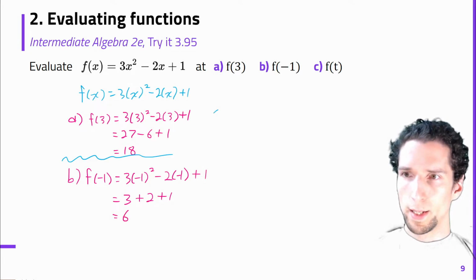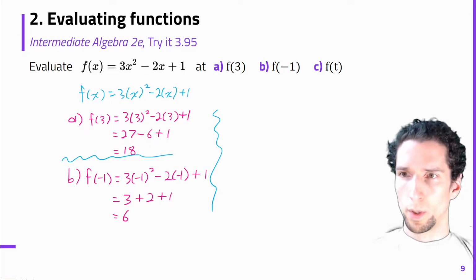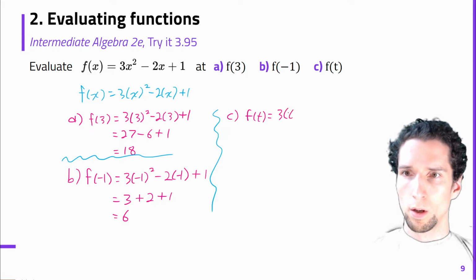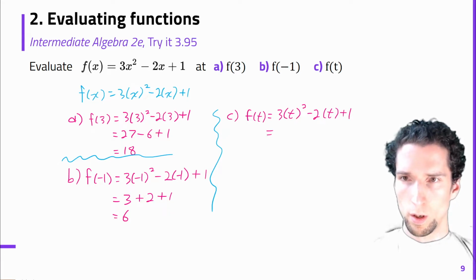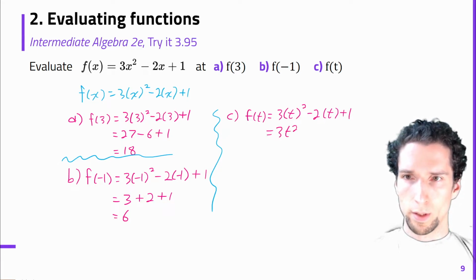And our last one, part C here, again, the easiest. f at t is just 3t squared minus 2t plus 1. And we can rewrite without the brackets. 3t squared minus 2t plus 1.